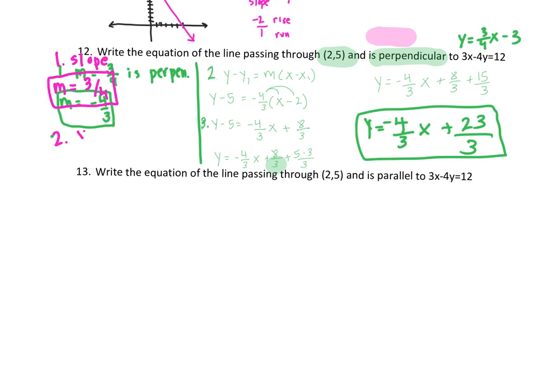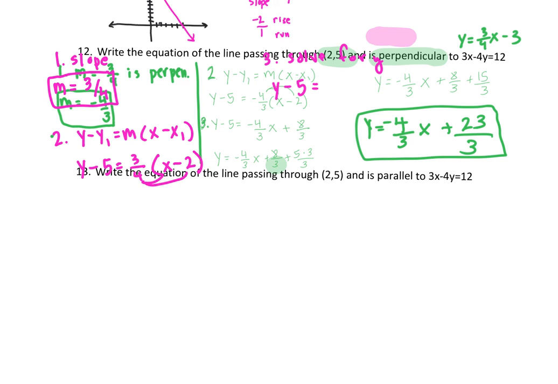After we find the slope, we put the information into point slope form. So we have y minus 5 equals 3/4 times x minus 2. And then we solve for y. Still fractions, but that's okay. We can deal with a little fractions.